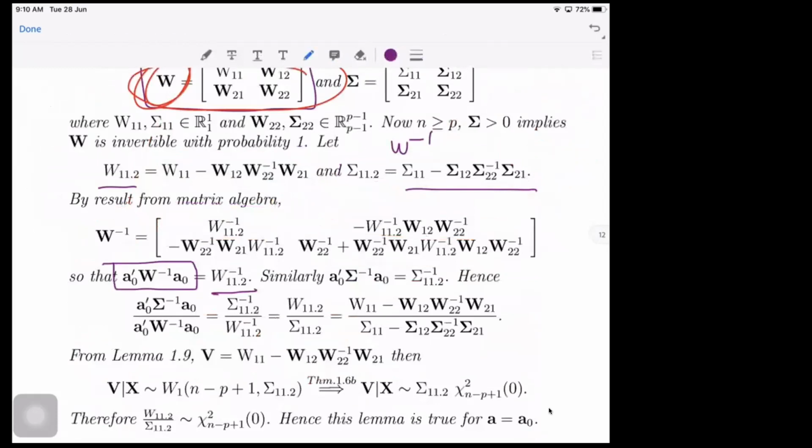W11.2 inverse. This is the inverse of this. So if you multiply by A prime, 1 0 0 0, and A, which is 1 0 0 0 1, if you get the entry of this and multiply it over here, only this remains because the others are 0. And then on this side, it becomes 0. When you multiply this, only this remains. So it tells you, are you following?